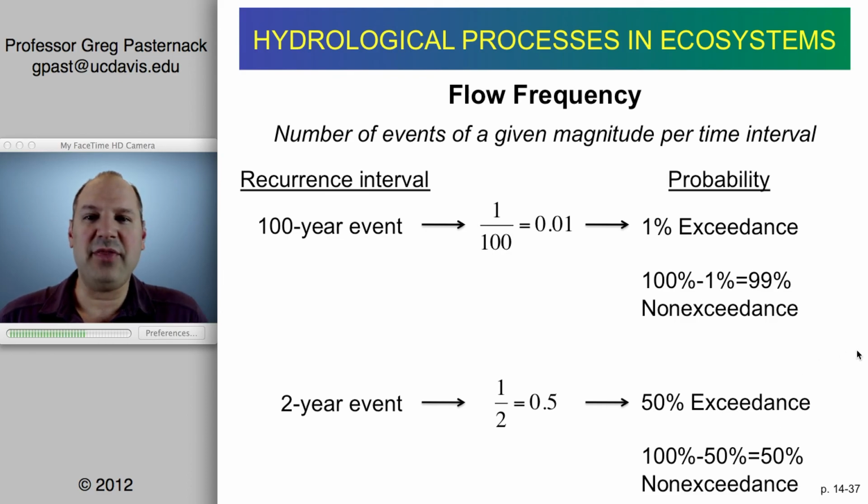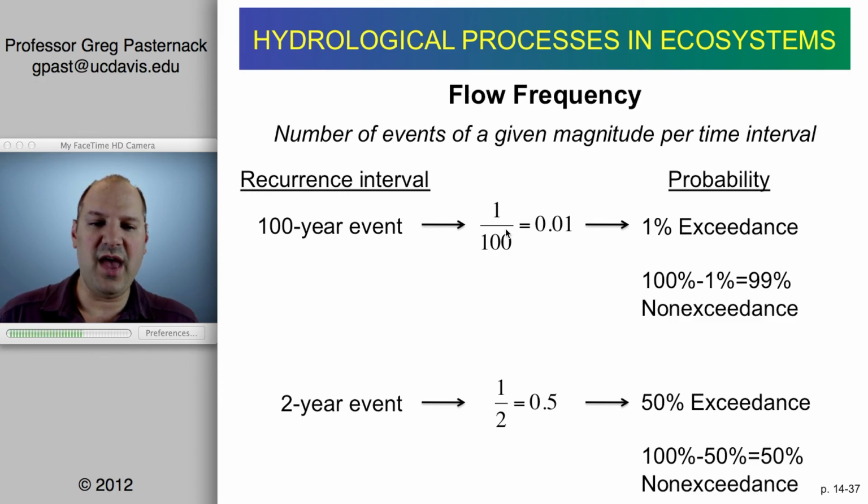This is something that we've been through several times without really looking at it quantitatively, but in terms of flow frequency, that's the number of times an event of a certain magnitude recurs. And so if we say something like a 100-year event, like I talked about a lot during the urban consequences presentation, we can convert that by saying 1 over the recurrence interval, 1 over 100, which equals 0.01, and 0.01 is 1/100th, which means 1%.